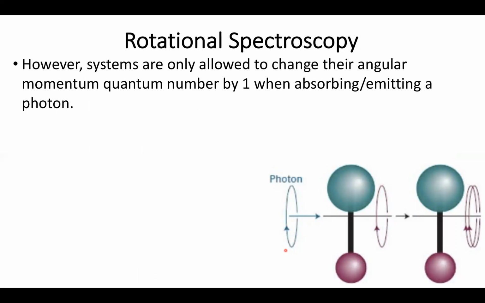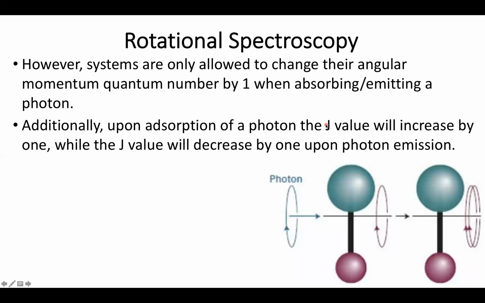Just like with a vibrational state, where we were only allowed to increase the vibrational quantum number by 1, it turns out there is a strict rule that only allows angular quantum numbers to change by 1. So it can increase or decrease when absorbing or emitting a photon.